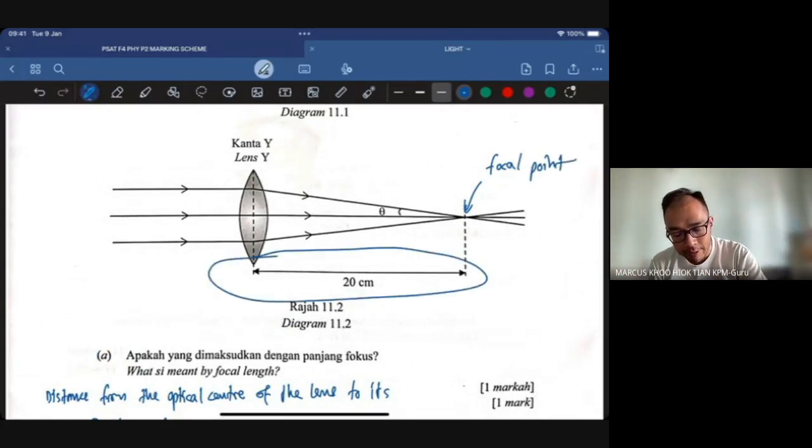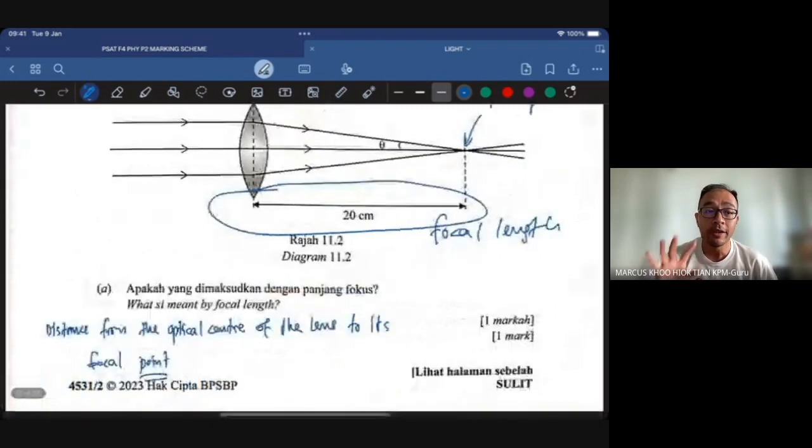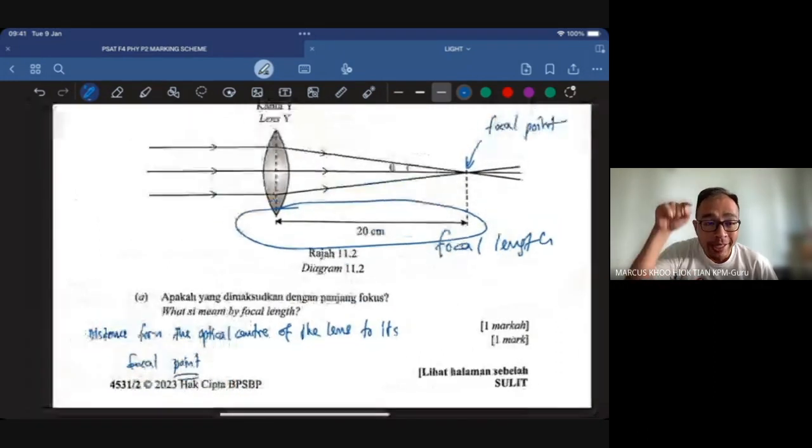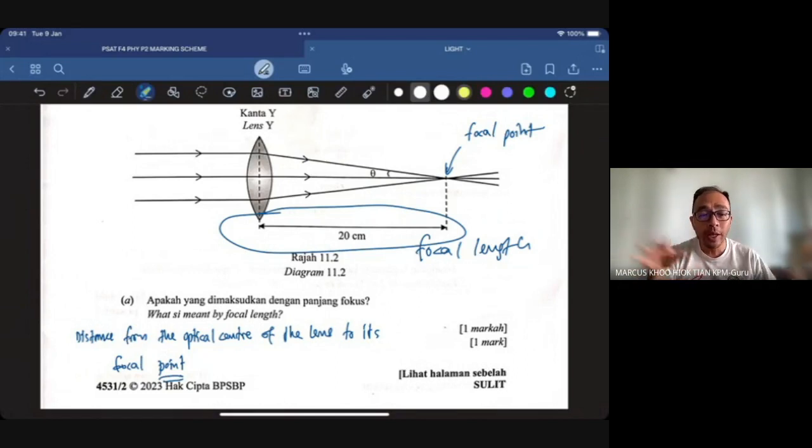This is the focal length. I cannot tell you how many times students have confused the focal length and the focal point. Point is titik, length is panjang. The point is not the same as the length. So the focal length is the length from the optical center to the focal point.